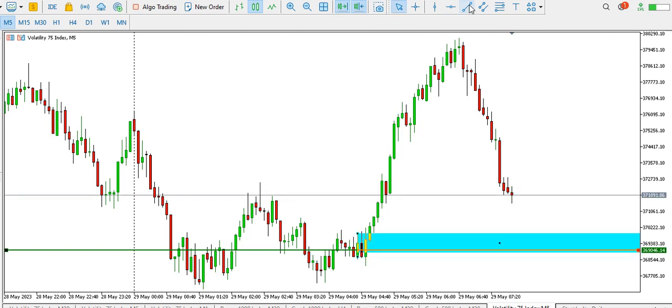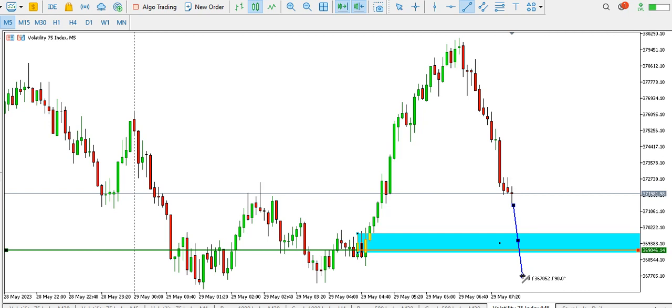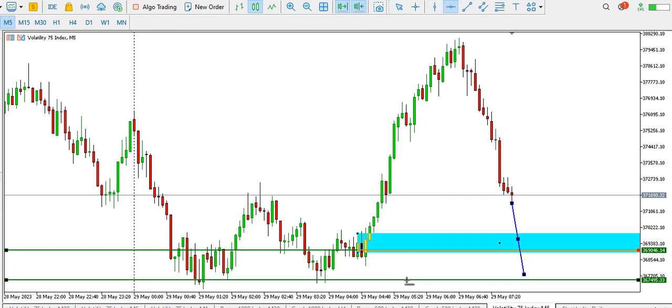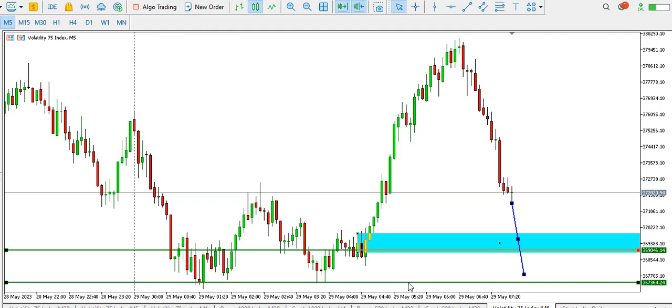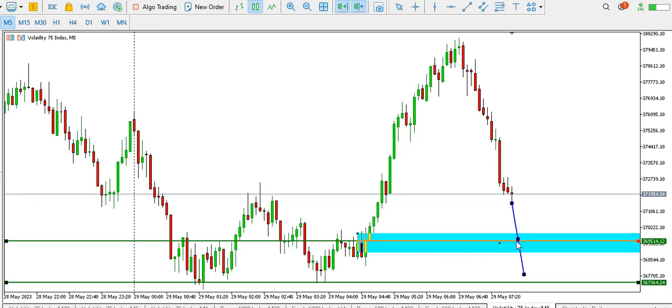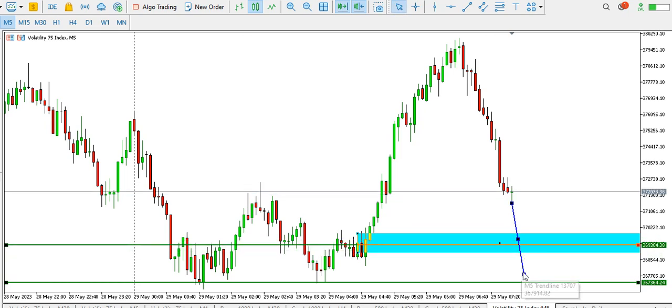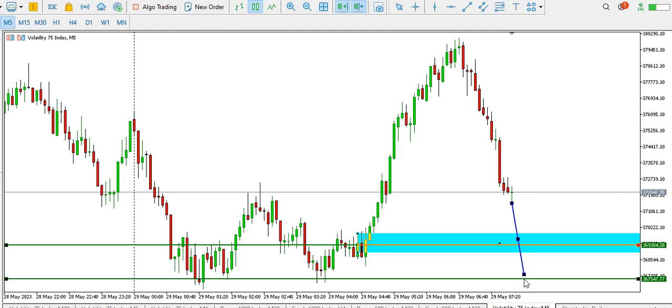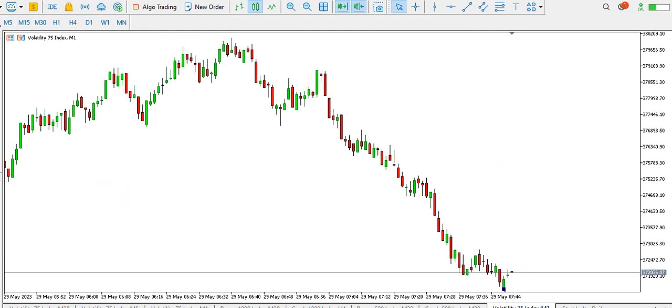If the support area breaks, we might see price aiming for the low on the chart, the 360 level. If this particular order block fails, price might drop to this level. That's that for the 5 minutes time frame.